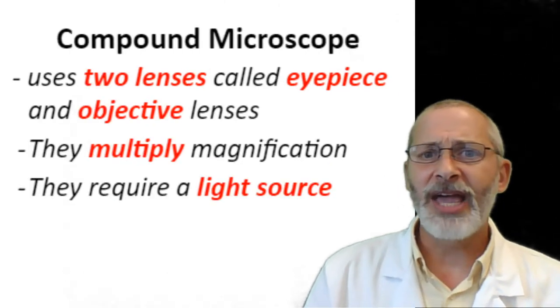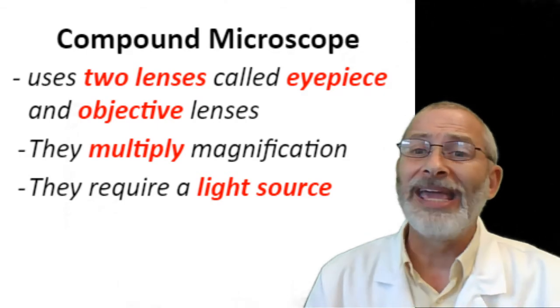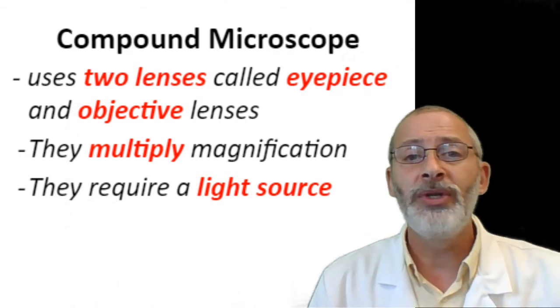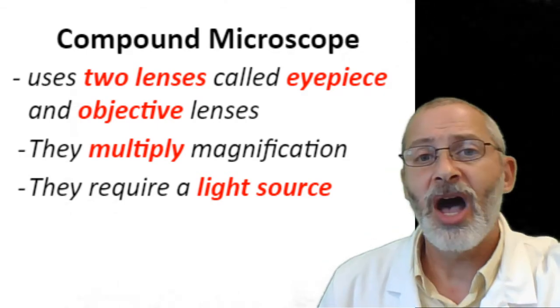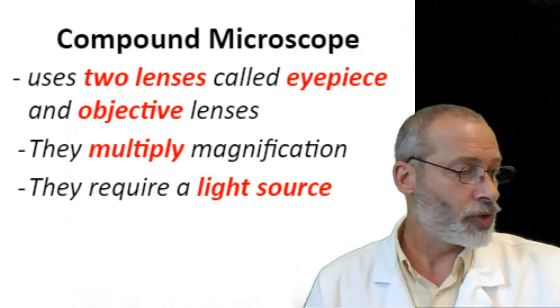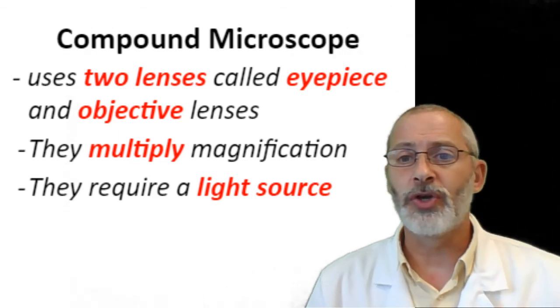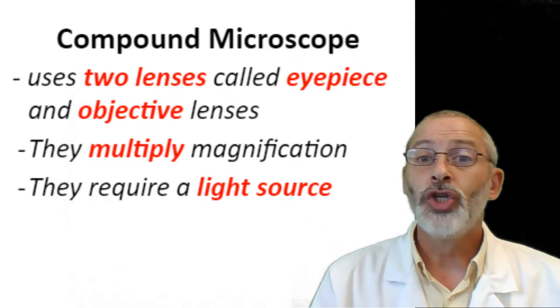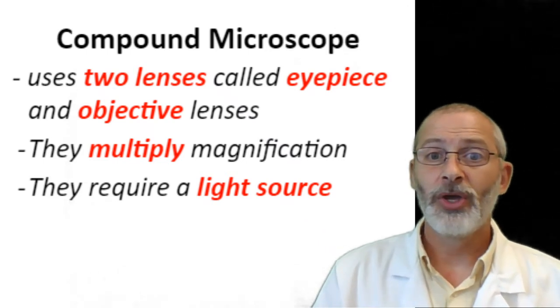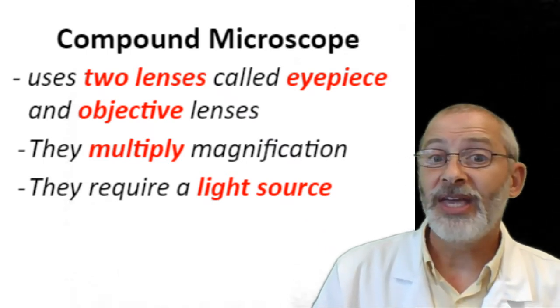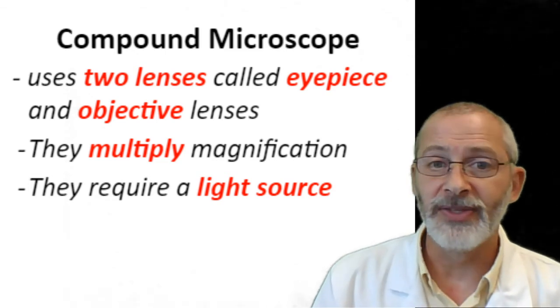All right, the next type of microscope is called a compound microscope. A compound microscope is one that uses two lenses called the eyepiece and objective lenses.